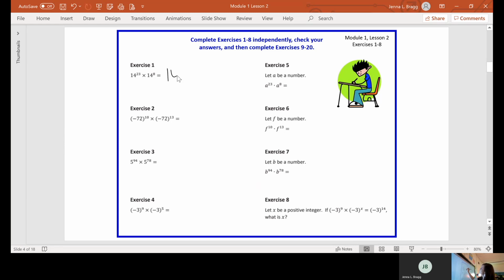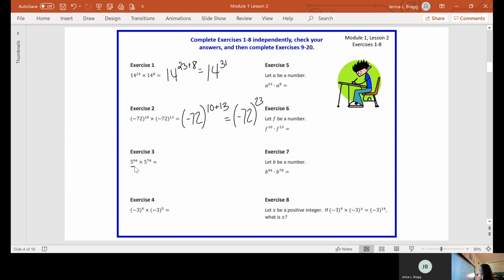Exercise 1, your base is 14. Add 23 plus 8. You get 14 to the 31st power. Exercise 2. Negative 72 to the 23rd power.